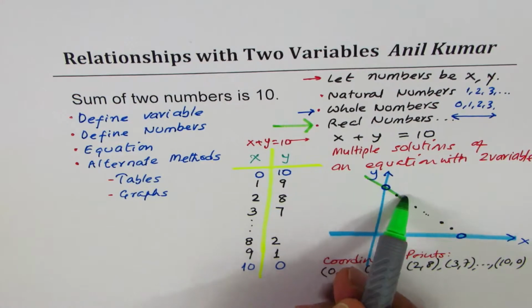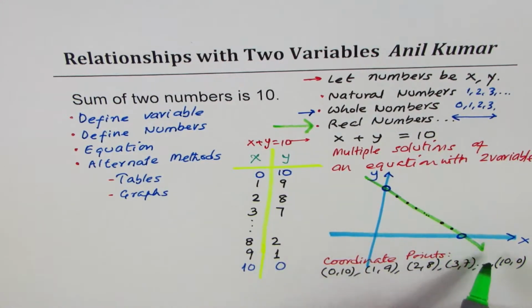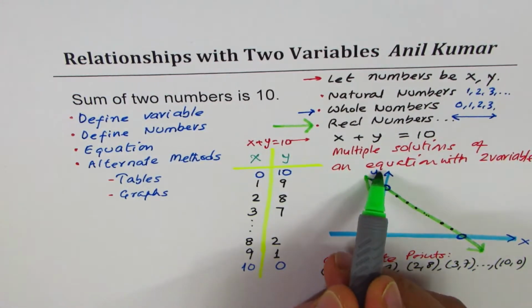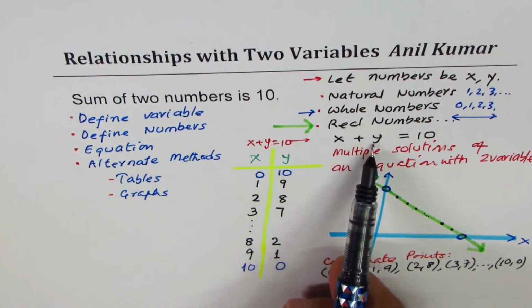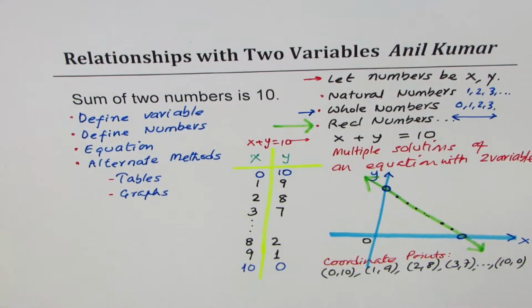So if I make a line connecting all these points with arrows on both ends, then that becomes the set of real numbers as shown on a number line. Do you see that? So that becomes the solution of our linear equation x plus y equals 10 when we are talking about real numbers. You get it.